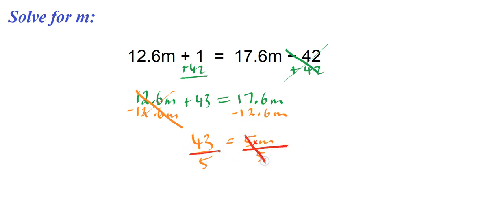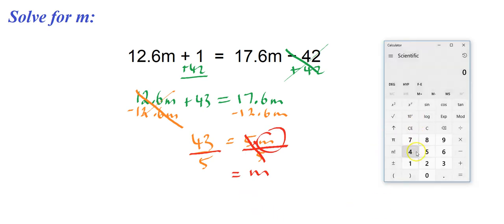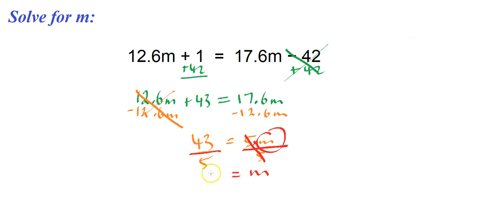That cancels out the 5s, and that leaves us on the right hand side with m. 43 divided by 5, let's use our calculators. 43 divided by 5 equals 8.6. So 8.6 should be the value of m.